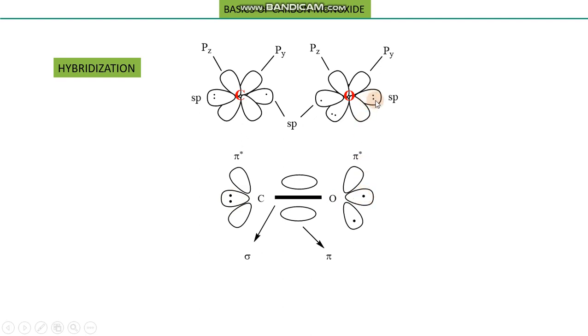I'm sorry for forgetting one electron to be placed in this orbital. So we have one pair here, and the one pair of electrons here should be shifted there.